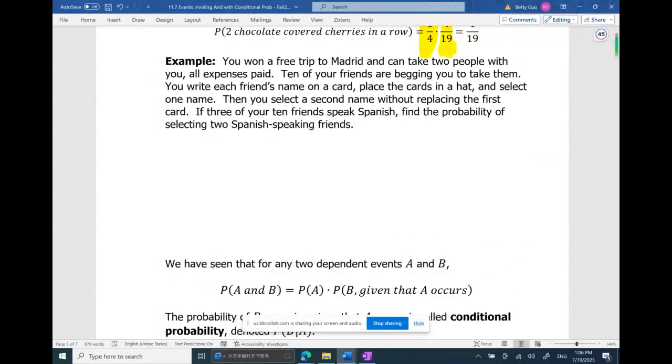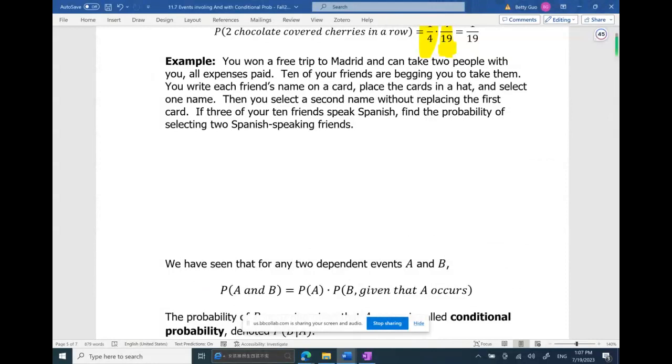It's going to make you feel very important now. You write each friend's name on a card, place the cards in a hat and select one name. Then you select a second name. That's how you process the experiment. You put all 10 names in a hat, and then you do the selection twice.